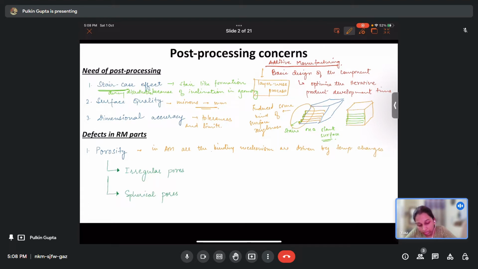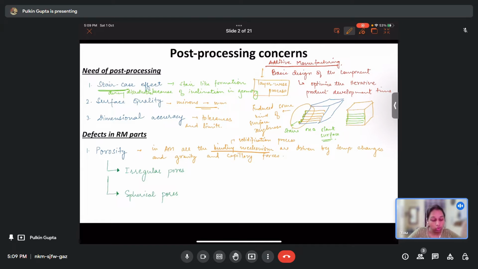Binding mechanism refers to the solidification process. Be it a powder bed process, fused deposition modeling or binder jetting, there are always some temperature changes associated with those, and the gravity and capillary forces, which can lead to porosity.